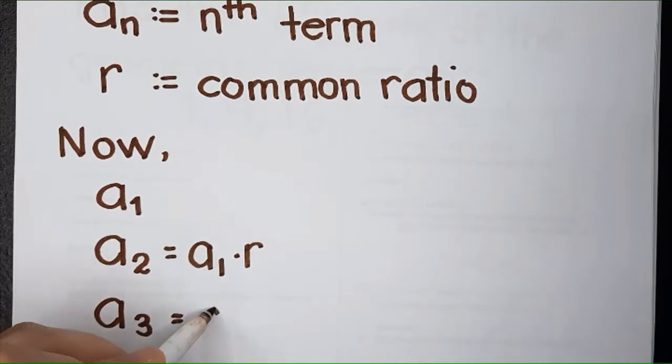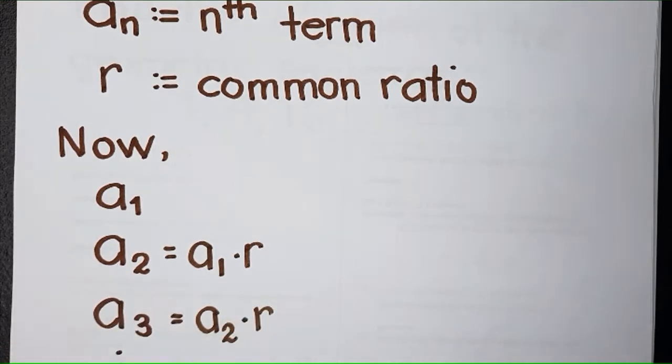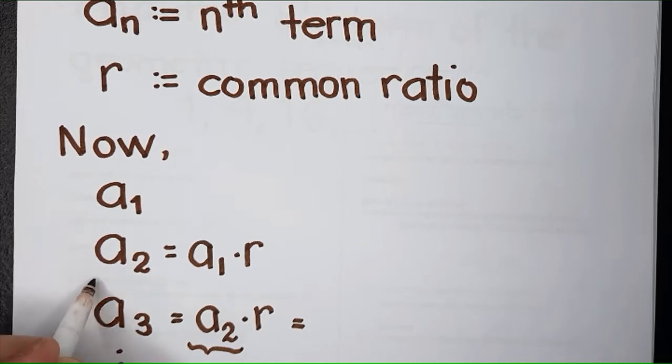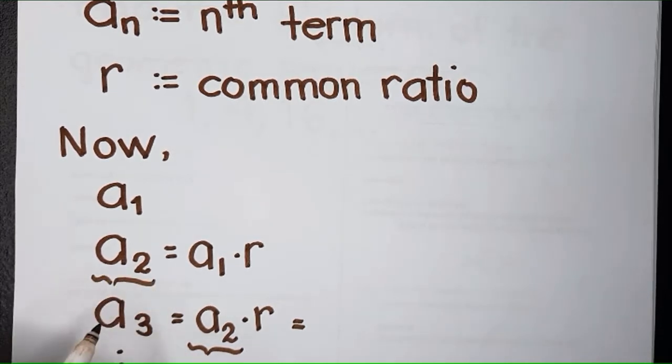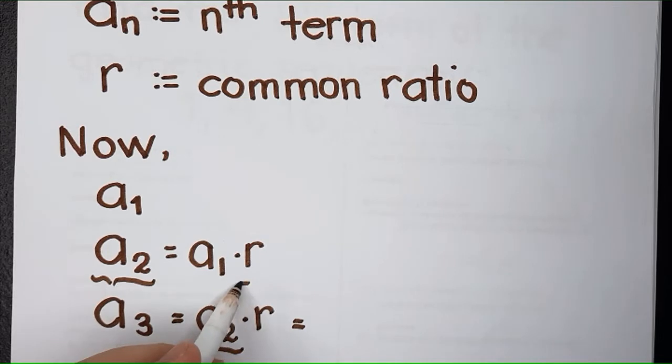Di syempre, yung preceding term, that's a sub 2, you multiply it by r, right? Okay, so we can still write this in terms of a sub 1 and r. How do we do that? Saan ba equal ang a sub 2? Your a sub 2 is equal to a1 times r.